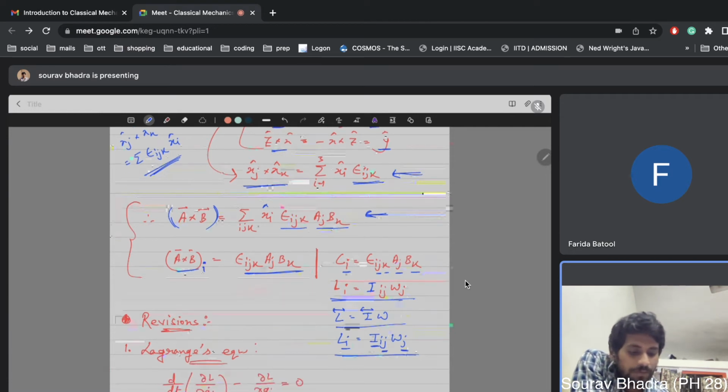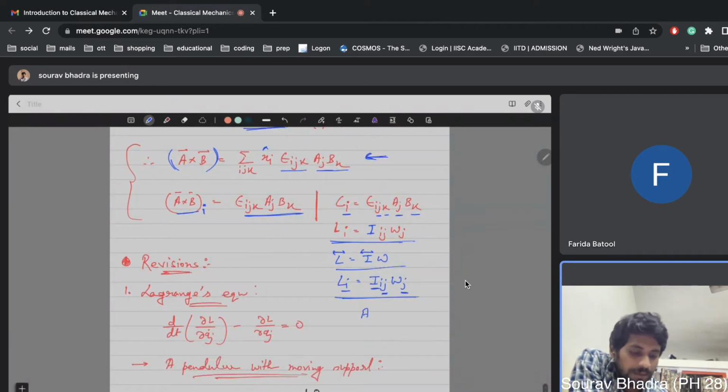Now if someone writes ai equals, let us say, some tensor Iij bi, whether it is a correct transformation or not. First you see what the repeated index on the right hand side is. Here i is the repeated index, so it will be summed over i, and it will give me a vector with the index j.